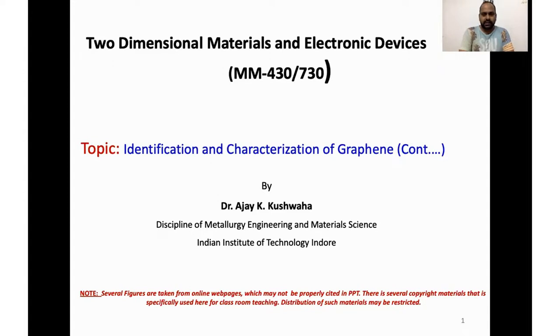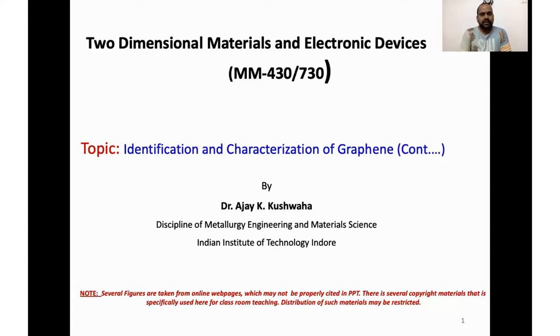Similarly, we learned how we can use transmission electron microscopy to analyze graphene and graphene oxide, and even get an idea about the number of layers, structural properties of graphene, or any kind of defect associated with graphene. That kind of analysis we can do by analyzing the TEM images.